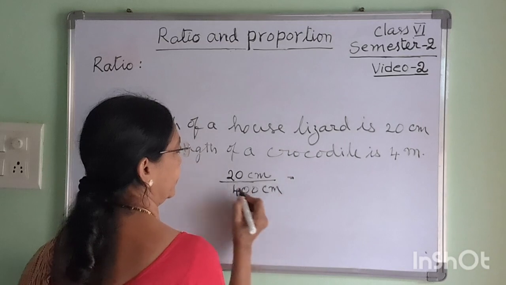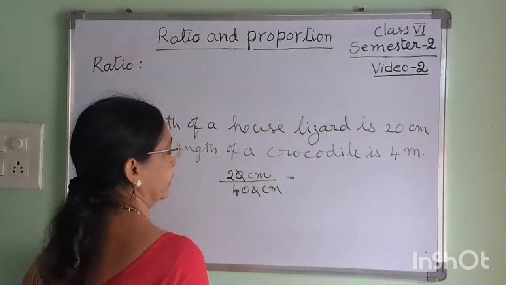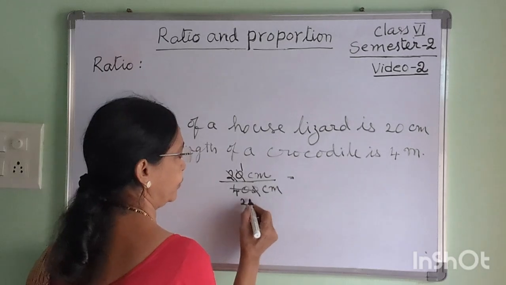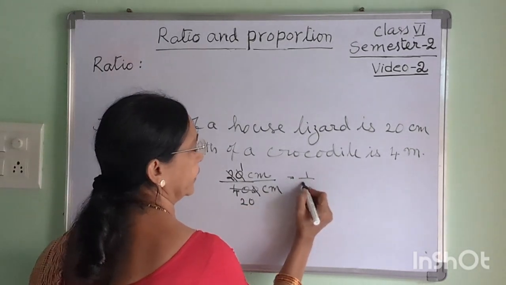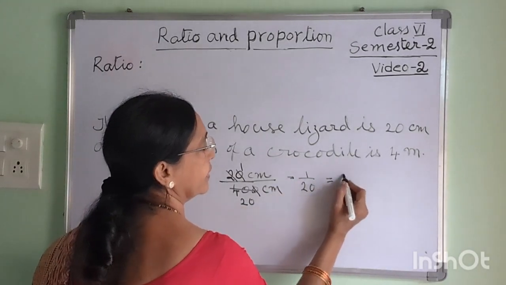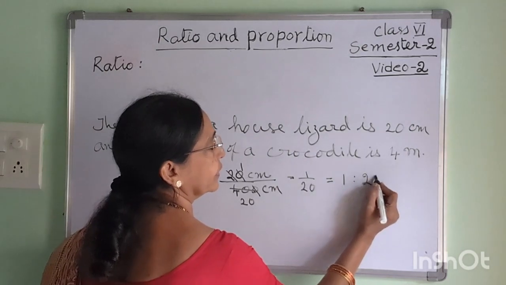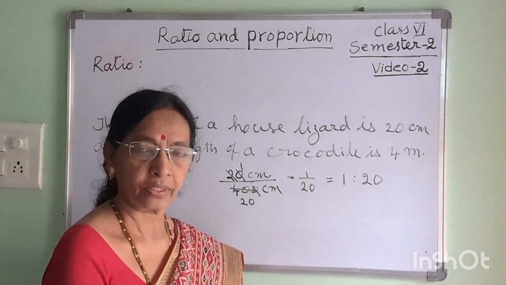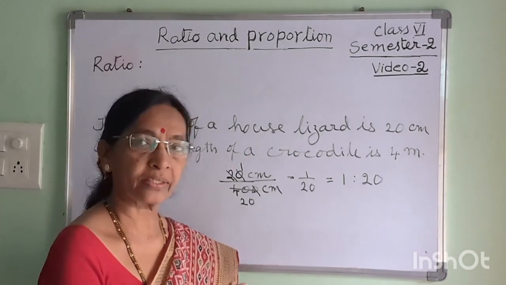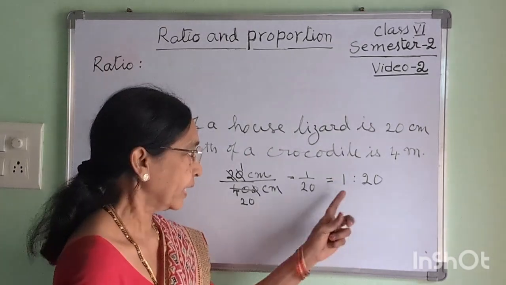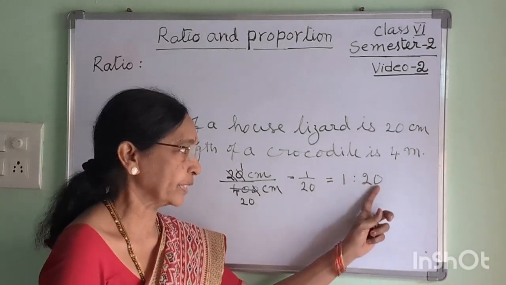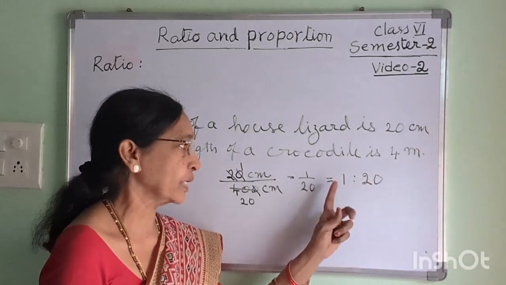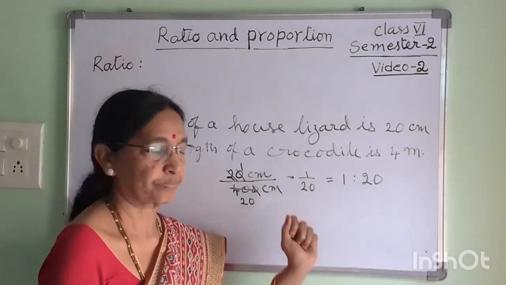That is equal to 20 by 400. 0, 0 gets cancelled, 2 ones are 2, 2 twos are 4, so 2 by 40, 1 by 20, and this is written as 1 is to 20. So the length of the lizard is to the length of the crocodile in the ratio 1 is to 20. The length of the crocodile is 20 times that of the lizard.